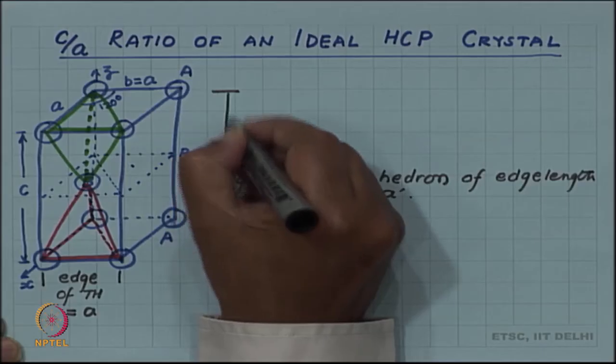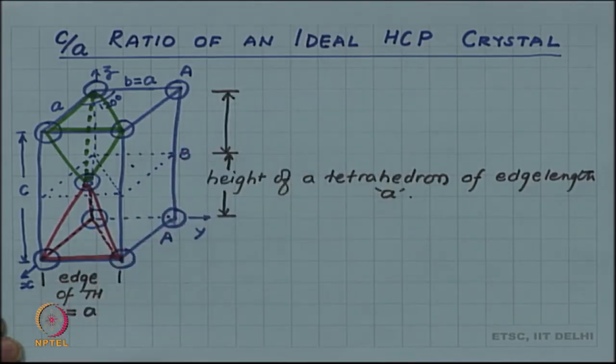The inverted tetrahedron is identical to the upright tetrahedron and has the same height.